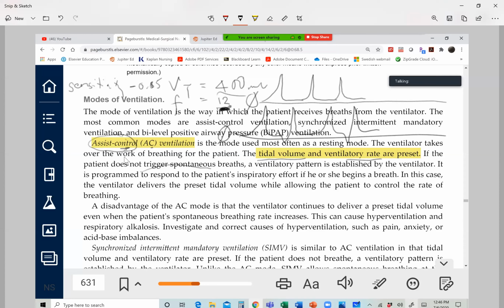Every time they attempt to breathe, the vent delivers the preset tidal volume. So this is what it means: the patient can control the rate of breathing, but they cannot control the tidal volume. The amount of air they receive with the spontaneous breath remains constant.